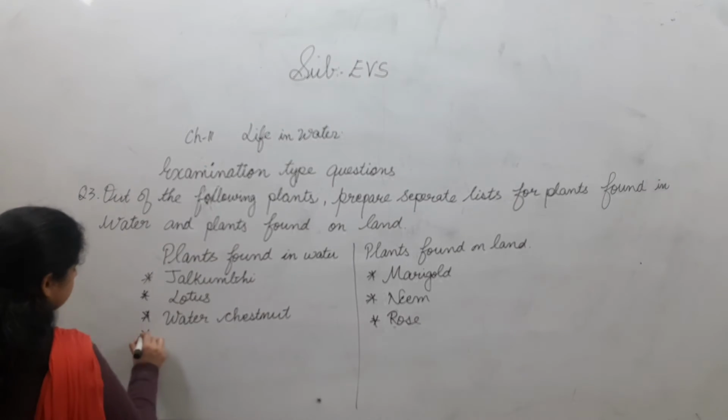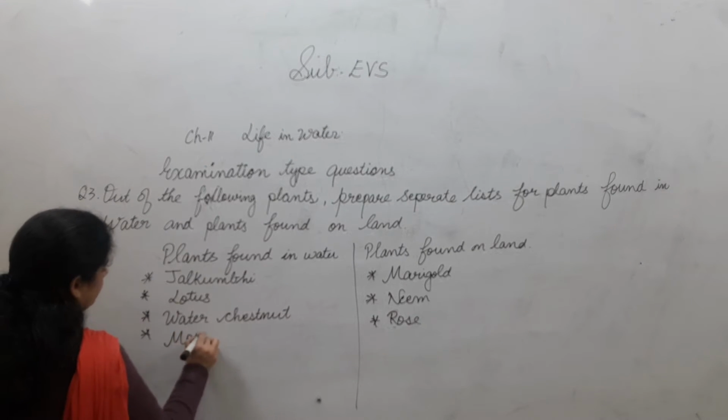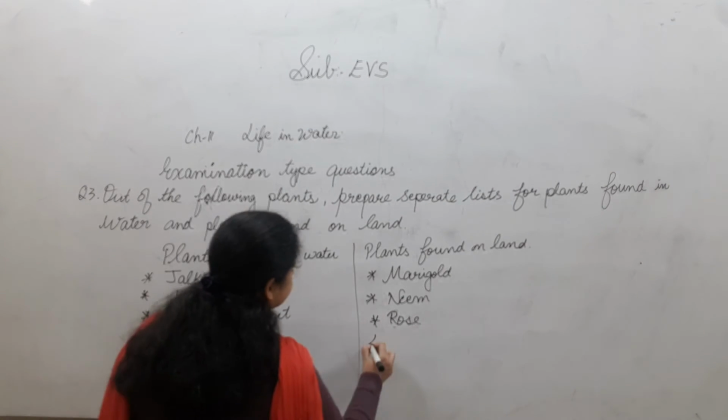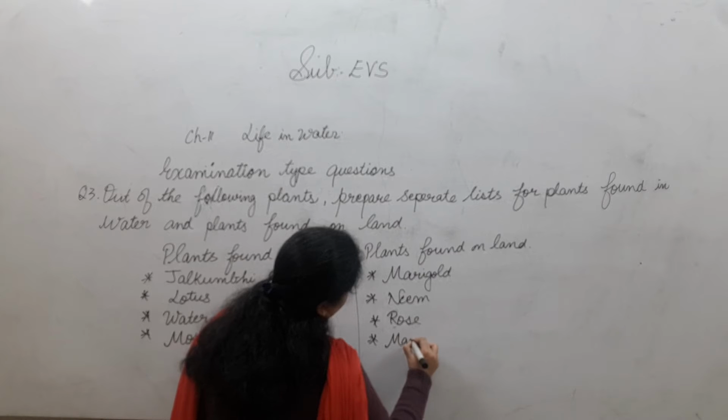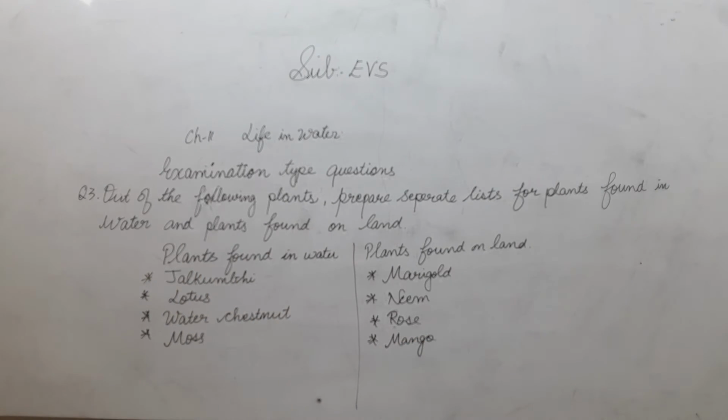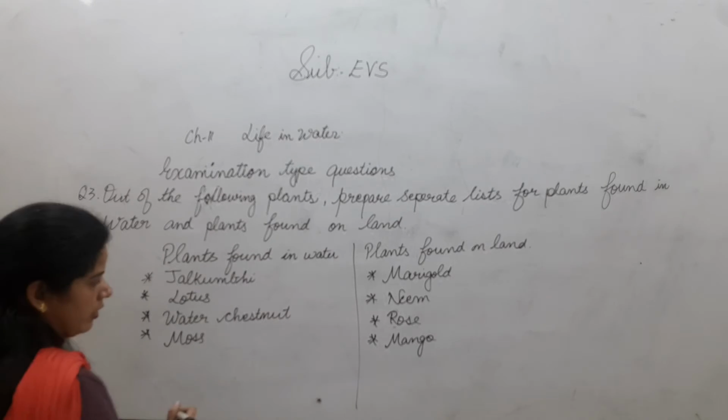Next is moss. Moss is found in water. Next is mango. Mango is found on land. Next one is kedri. Kedri is found on land.